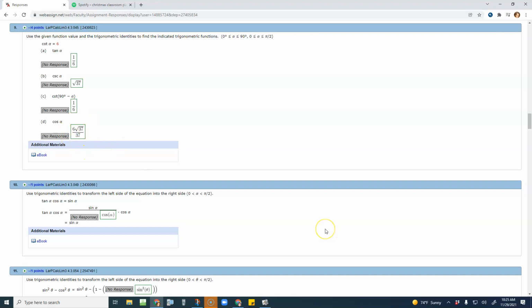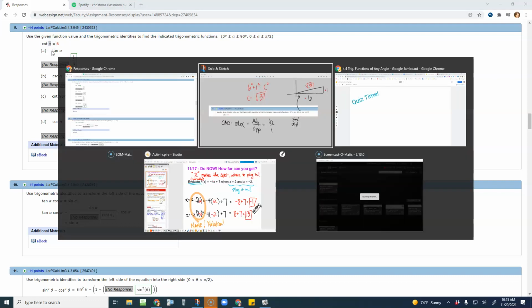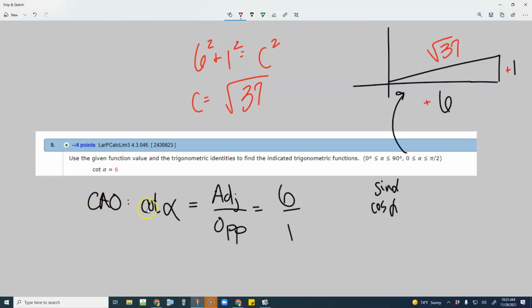I'm confused of what they're asking. Like, cot A over 6 equals 6. Like, I don't understand. Cotangent is a trigonometric ratio. So cotangent of alpha is an angle. So it's saying that the cotangent, which is the adjacent over opposite, they're giving you the abbreviation.